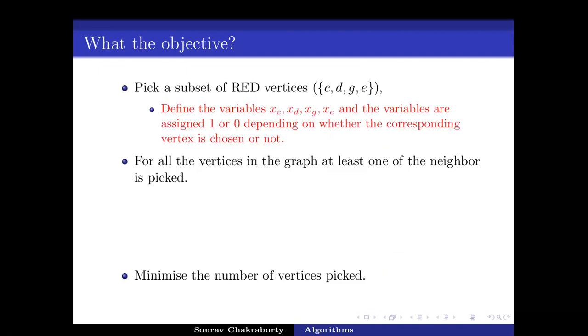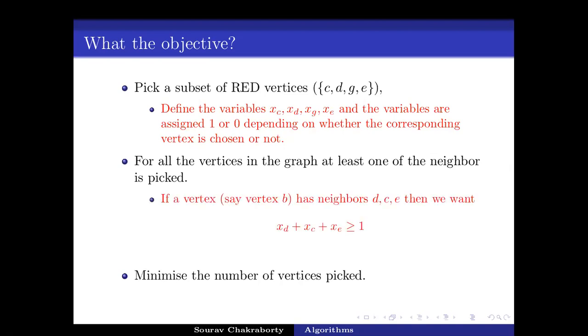One way is to design it as a set of variables xc, xd, xg, and so on, and assign each variable 1 or 0 depending on whether the vertex is chosen or not. But we have to ensure that all vertices have at least one neighbor from the chosen set.